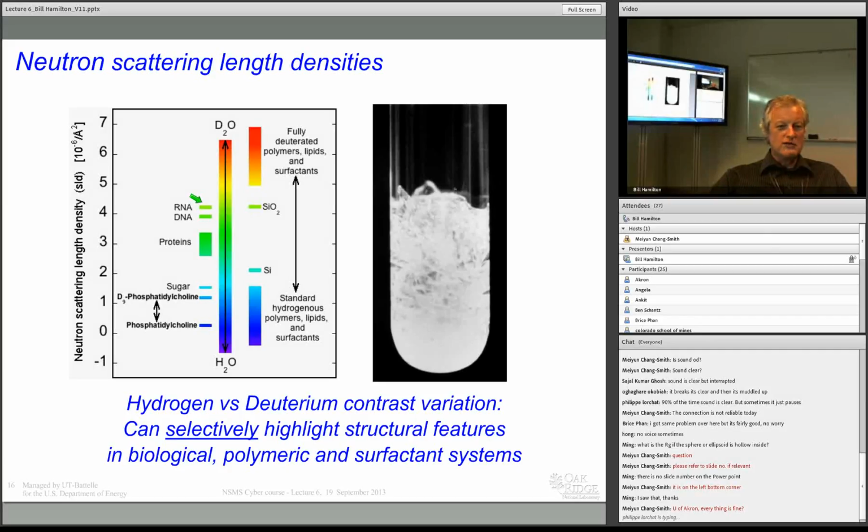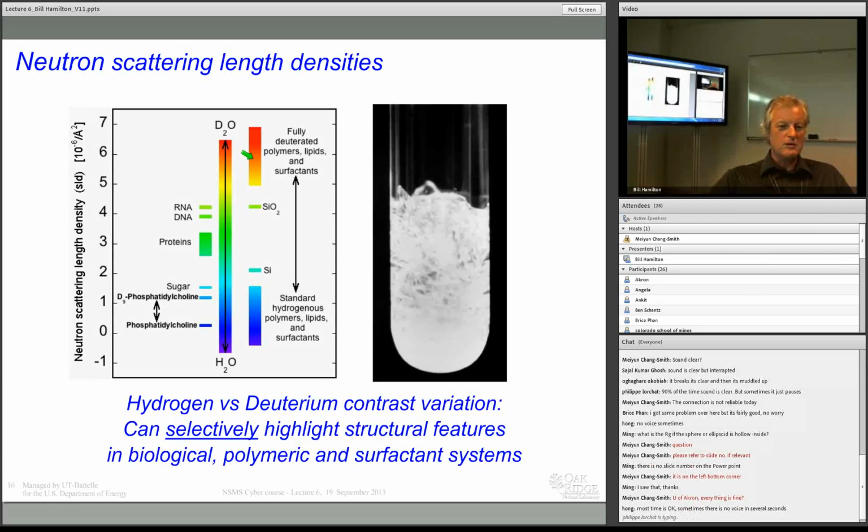Here are the normal hydrogenous versions of those polymers and lipids and surfactants over a range of scattering length density contrasts. And here's what happens if we replace all the hydrogen in those with deuterium. Basically, we've changed the contrast dramatically.